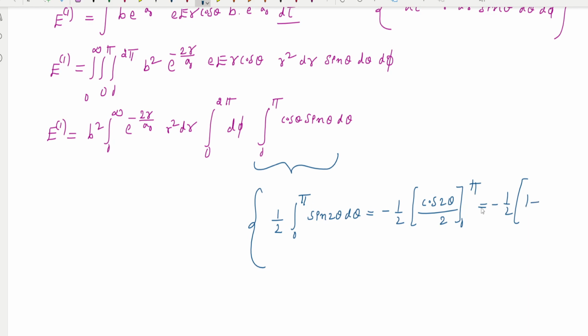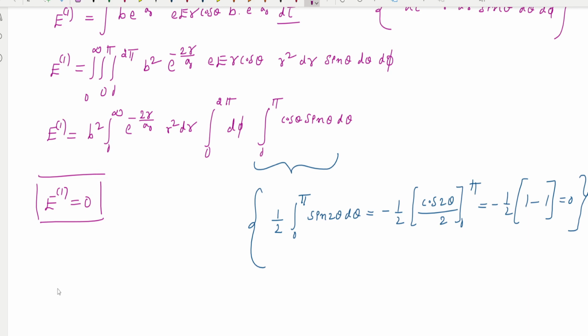Cos 0 is 1, and cos 2 pi is also 1. This becomes 0. Then this entire equation comes to 0. This is a very, very important result. There is no first order correction to energy. Then we need to check the higher order correction energy terms.